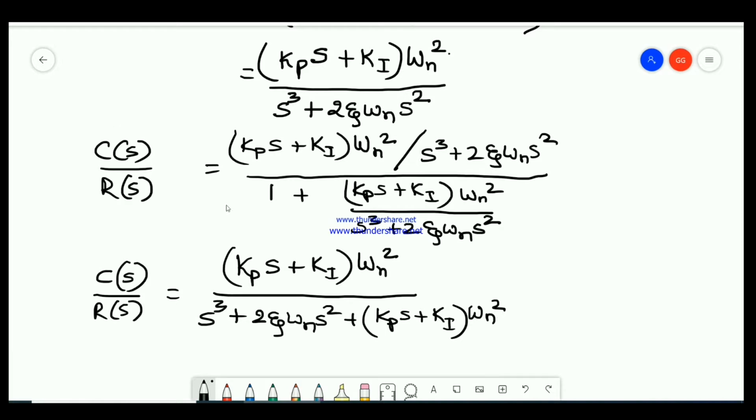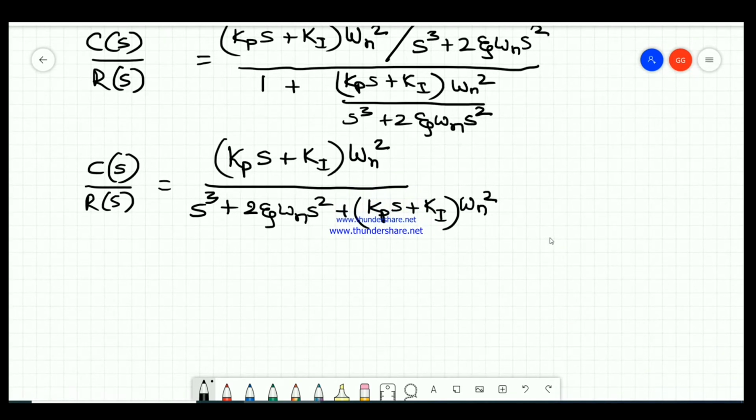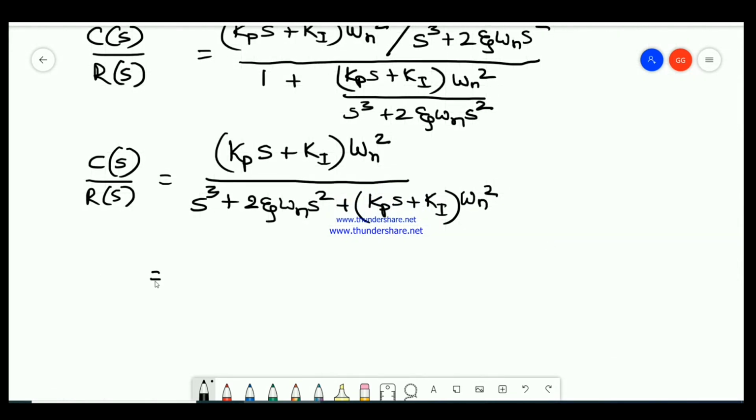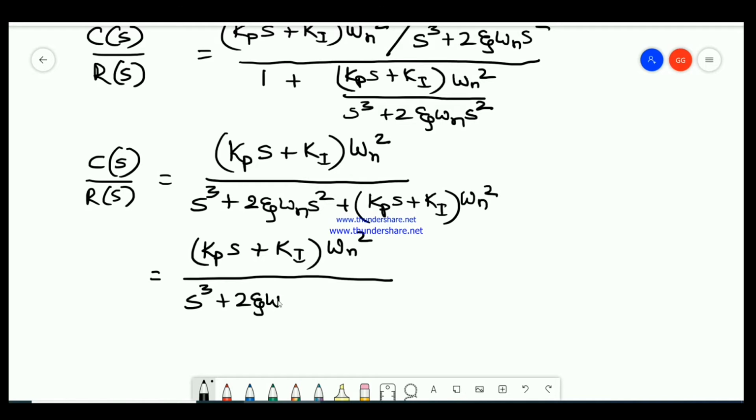So C(s)/R(s), if I multiply that (Kp s plus Ki) with omega n square, would be equal to (Kp s plus Ki) into omega n square divided by s cube plus 2 zeta omega n s square plus Kp into omega n square into s plus Ki into omega n square.